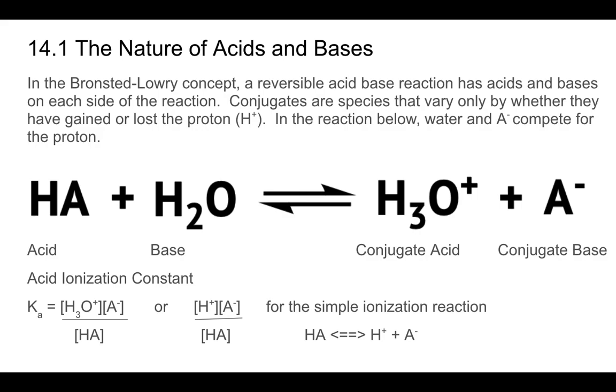So Ka equals H3O plus times A minus over HA, or sometimes we shorten this and, instead of calling it H3O plus, we call it H plus times A minus over HA, which is what it would be if you simplified the reaction by taking water out and just said HA breaks up into H plus plus A minus.